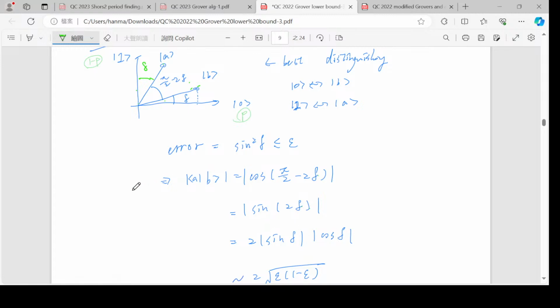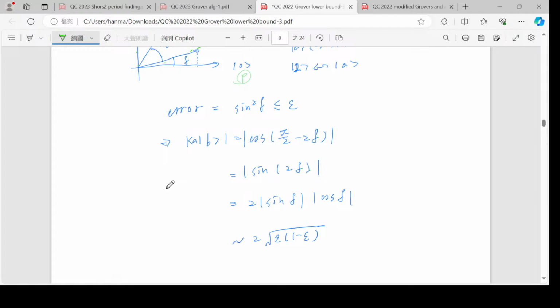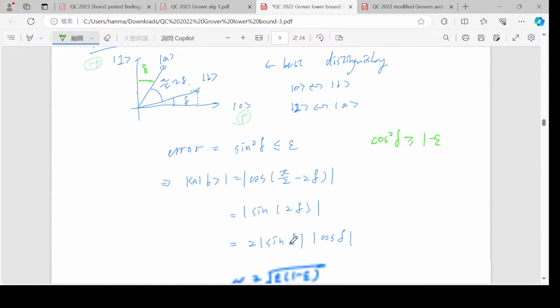Okay, and we say sine square delta is epsilon, so sine delta is about square root epsilon, and cosine square delta is 1 minus epsilon. So you combine these two, although it's less than or equal to, but if you are more careful, then you can do the same thing and get the upper bound.